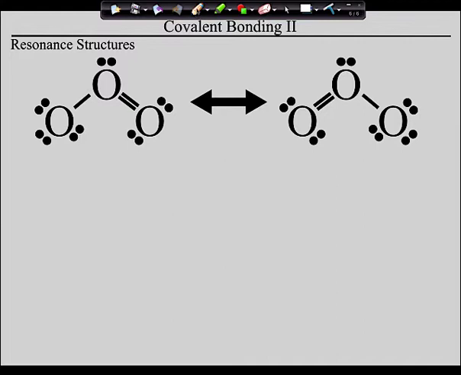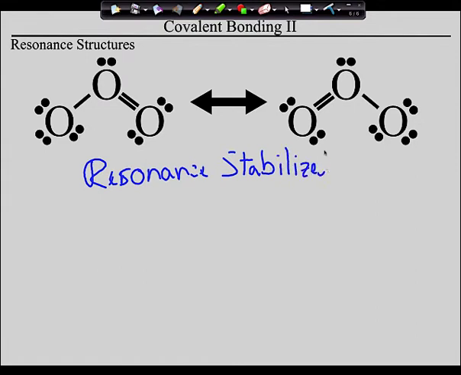Okay, so guys, delocalized pi bonding, these molecules are then what are called resonance stabilized molecules. And it's not molecules, it's molecule, it's singular.